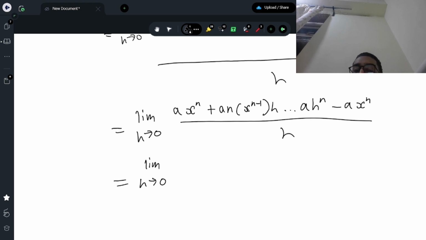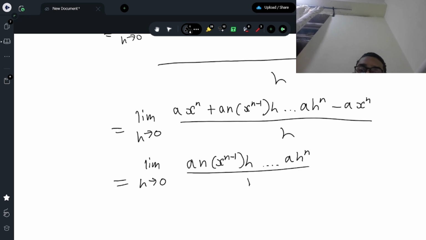So this a x to the power of n cancels with this other a x to the power of n. So all we're left with is a n x to the n minus 1 h, however many middle terms there are, until we get to that a h to the power of n, all over h.